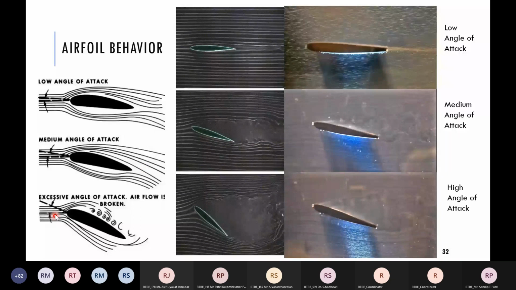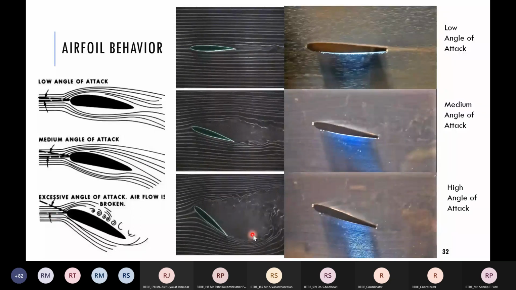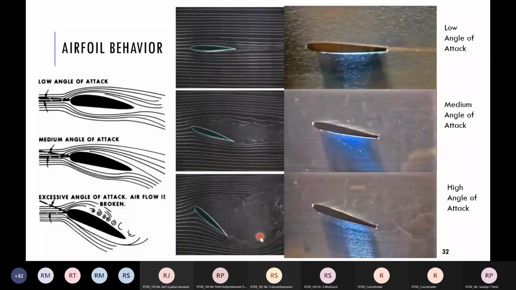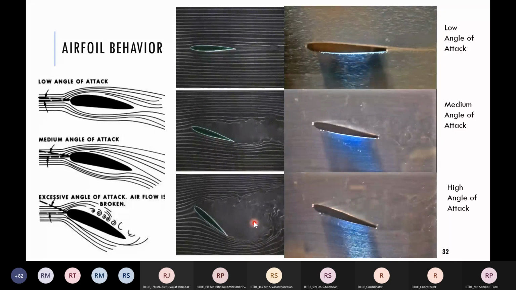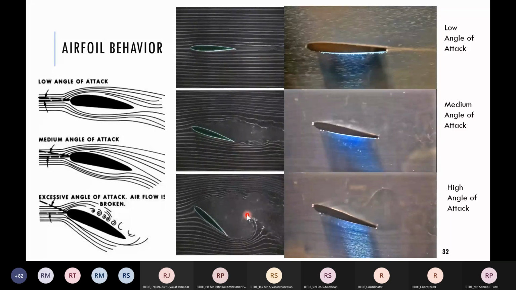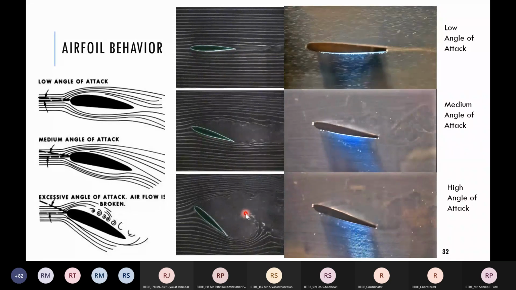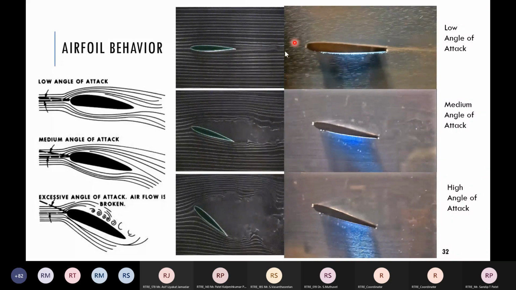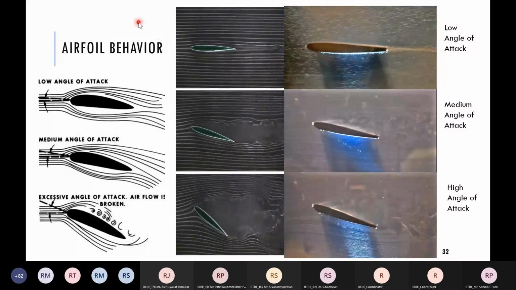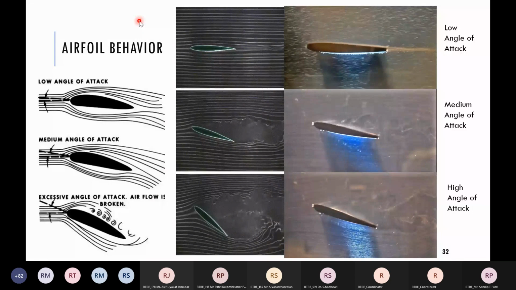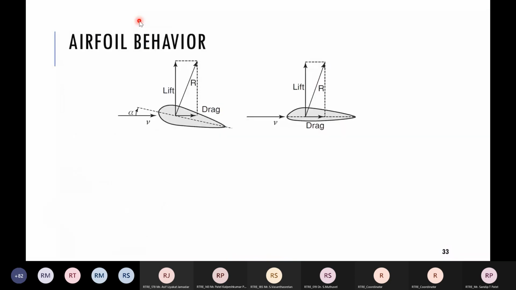The detachment of flow occurs, and due to detachment, the drag force will increase marginally, and due to that, loss of lift occurs. Fine. So the same thing we can apply with aeroplanes. Fine. So this is the behavior.